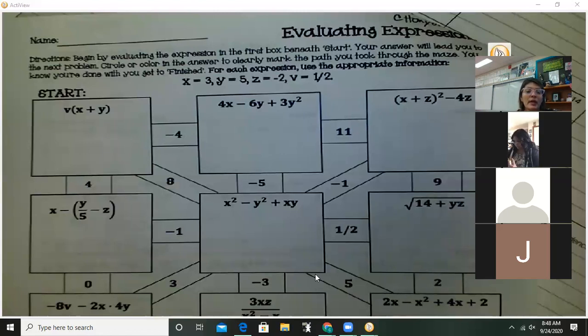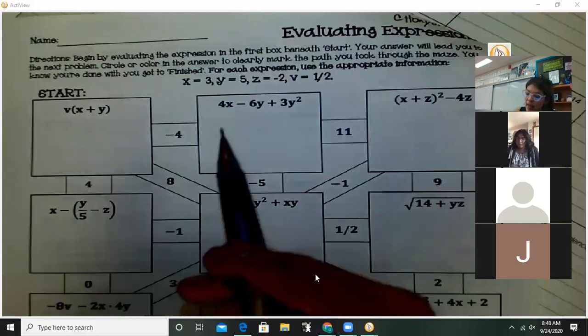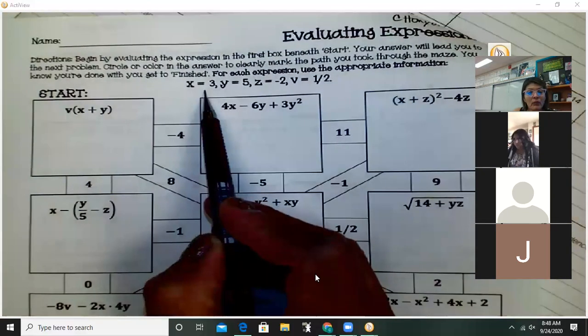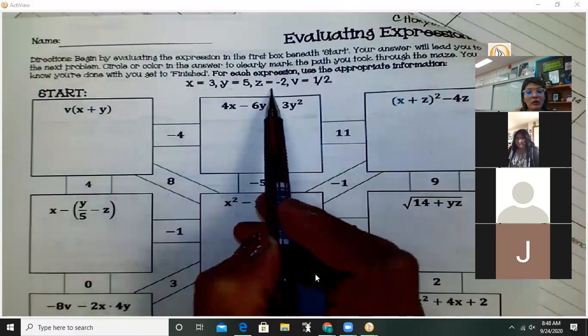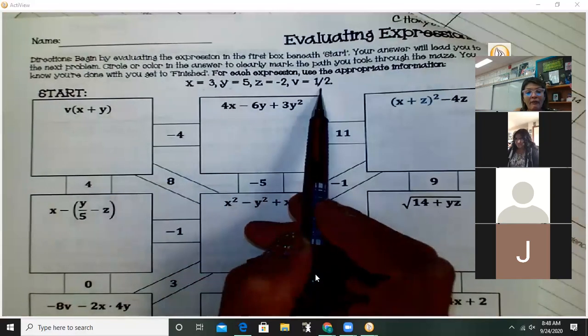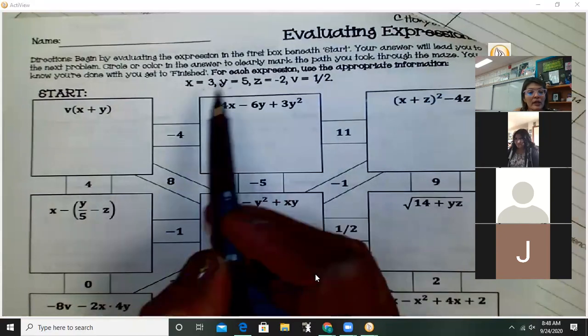You know when you're done when you get to finished. For each expression, use the appropriate information. X is equal to 3, Y is equal to 5, Z is equal to negative 2, and V is equal to 1/2. So we're gonna start here.